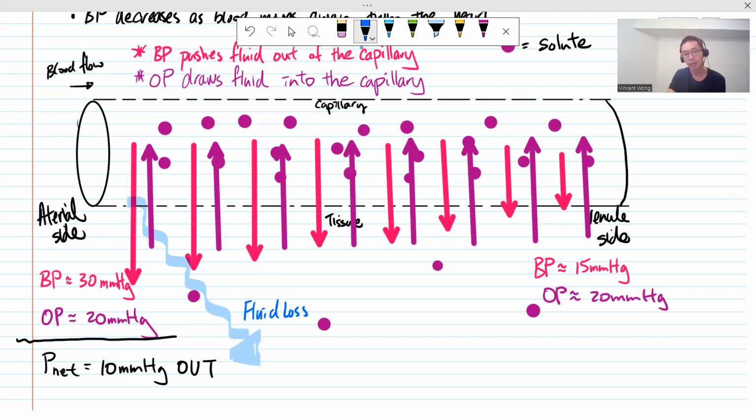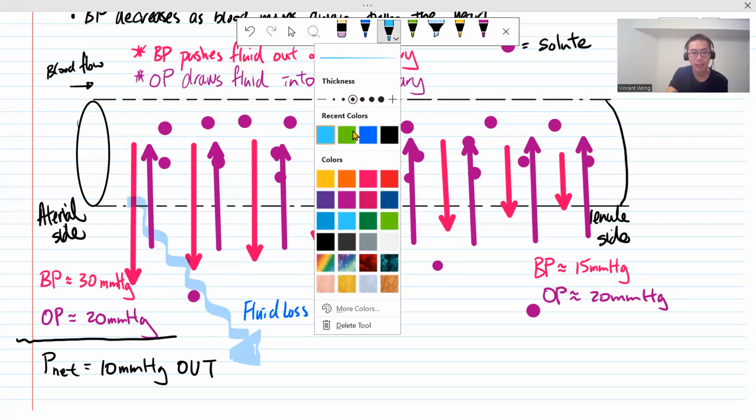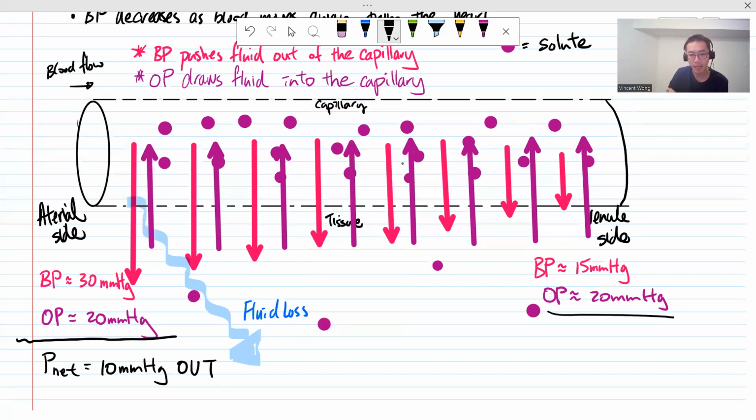Okay. But on the other side, if you do the math over here, the purple arrow is bigger than the red arrow. So in this case, the P net is actually 5 mmHg in.